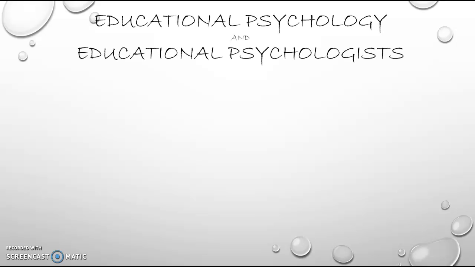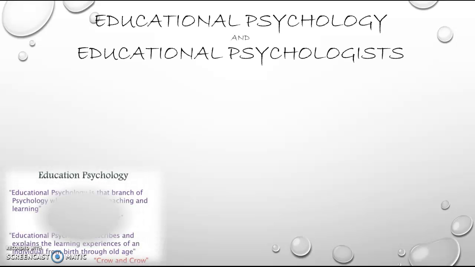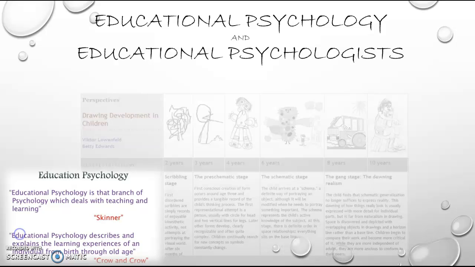The next slide that we're going to go on to is educational psychology and educational psychologists. I've given two quotes there. One was from Skinner: educational psychology is the branch of psychology which deals with teaching and learning. And the next one is educational psychology, which describes and explains the learning experiences of an individual from birth through to old age.